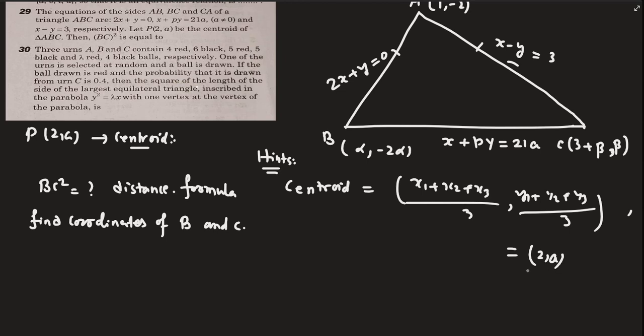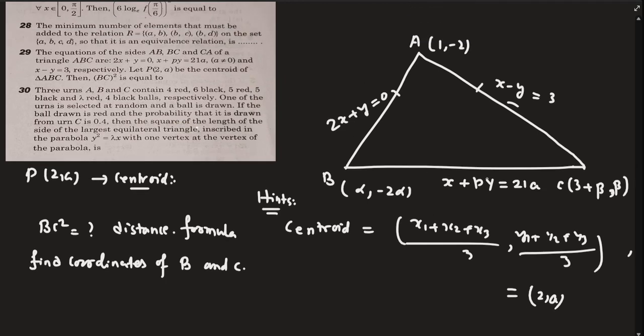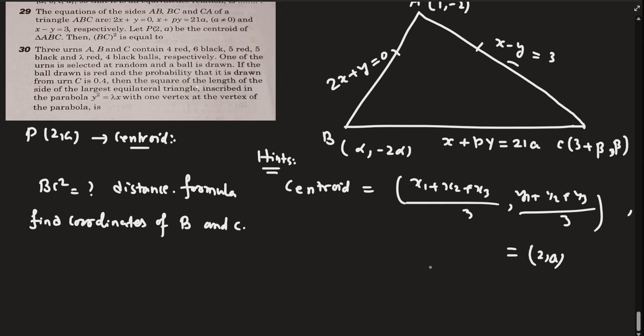Your x coordinate, y coordinate, and that means all are given for A, B, C. We assume alpha and beta. So from here you will get some relations in alpha, beta with 2 and a. Now if you solve this, you will be able to calculate the coordinates B and C.